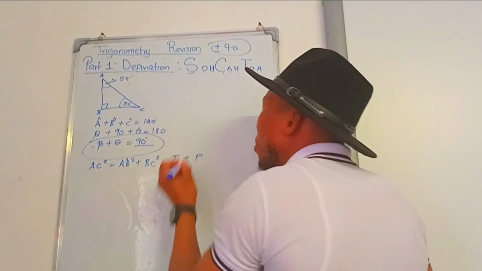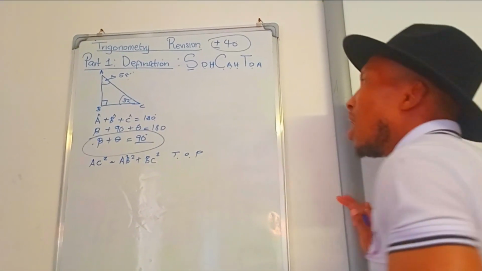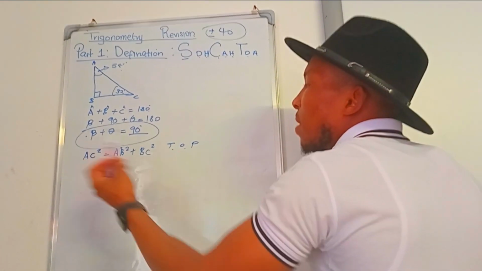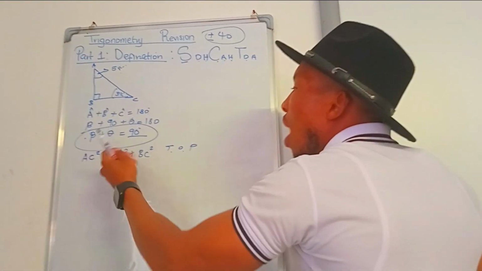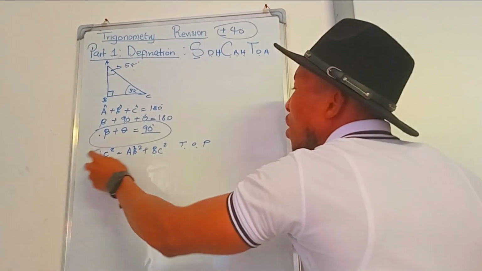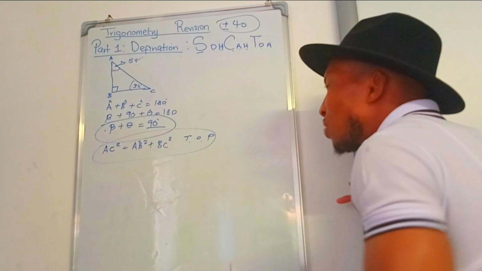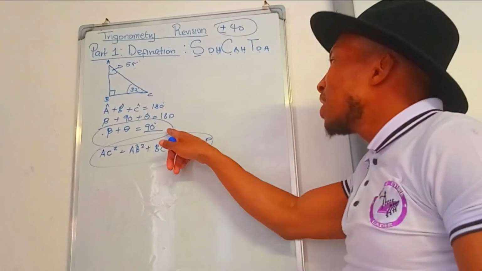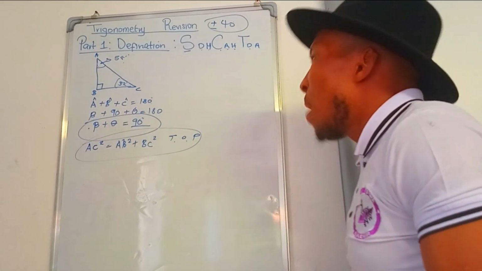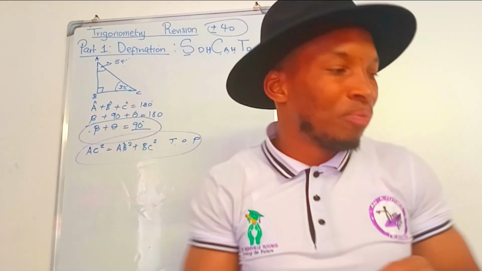We know this from grade 6, grade 7, grade 8, grade 9, grade 10, the theorem of Pythagoras. Okay, therefore we know how it works. That is all about the rules that you need in part 1: the definition, the sum of angles inside the triangle, and also the theorem of Pythagoras. All right, let's go.